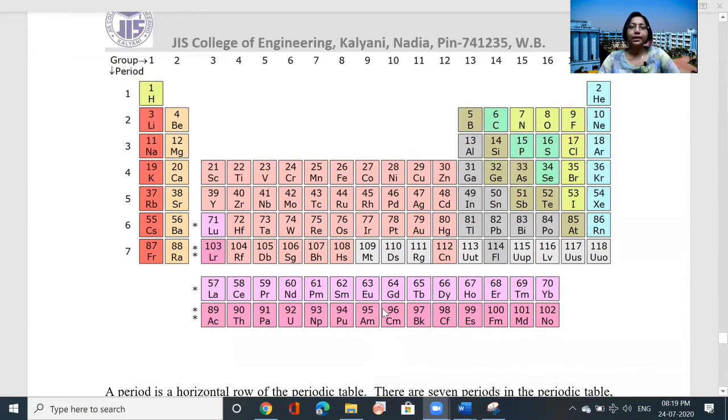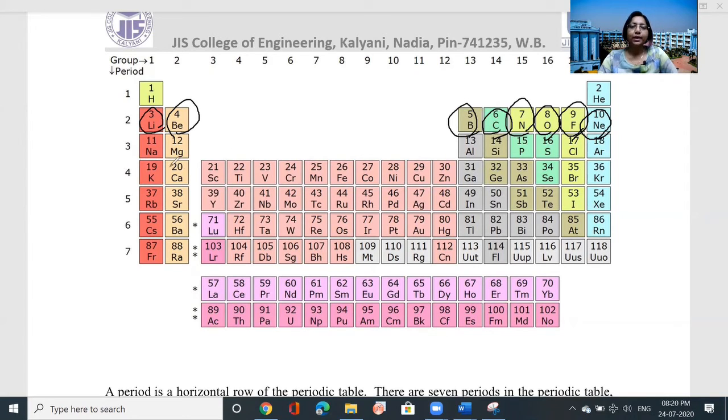Let us see what the 8 elements are. In the second row there is lithium, beryllium, boron, carbon, nitrogen, oxygen, fluorine and neon. So we get 1, 2, 3, 4, 5, 6, 7, 8.